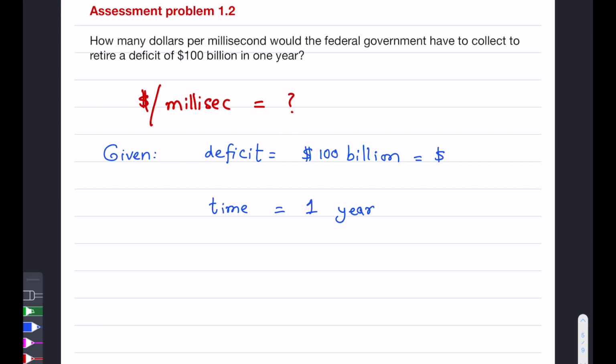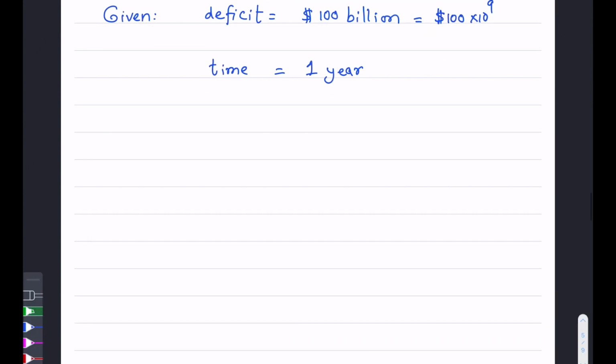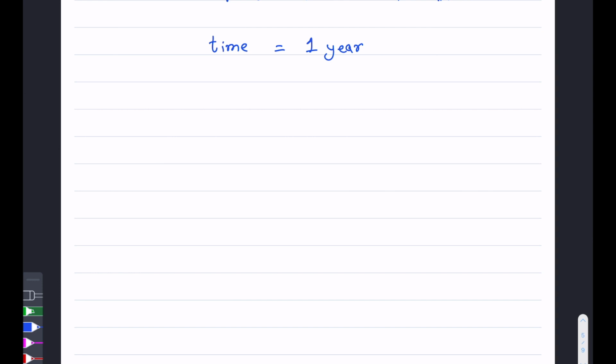So what we have is 100 into 10 to the power of 9 dollars, and we are trying to recover that within 1 year. The only conversion that I'm going to do here is to convert from years into seconds, our favorite SI unit.